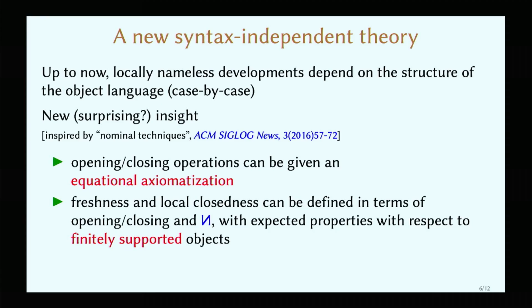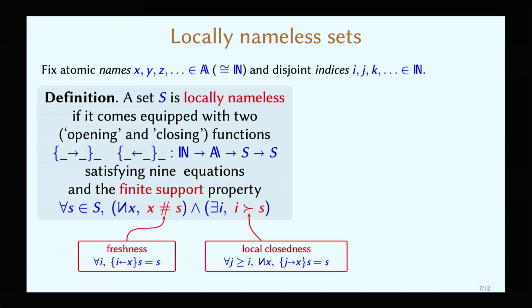So that brings me to the main definition in the paper, which is a locally nameless set. Let's fix some countably infinite set of atomic names, disjoint from the natural numbers, which we'll use as De Bruijn indices. So the notion of locally nameless set is relative to those choices of particular sets of names and indices.